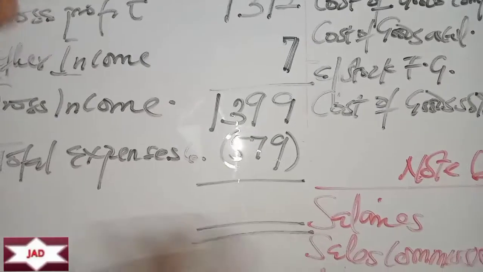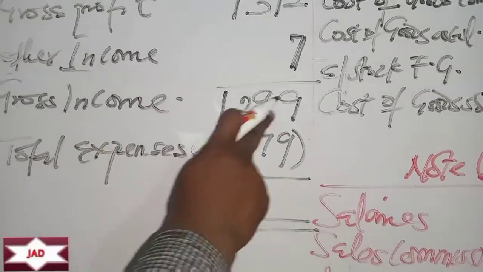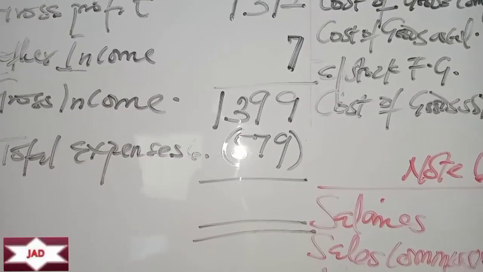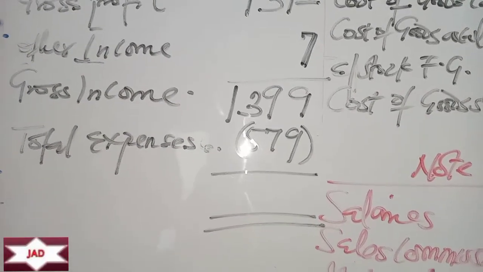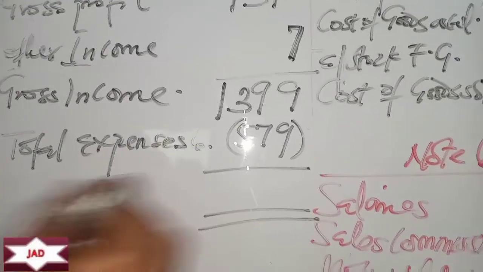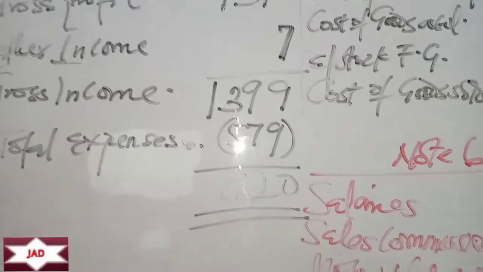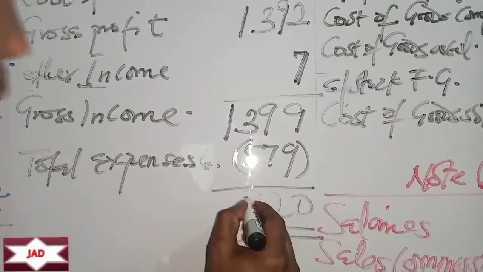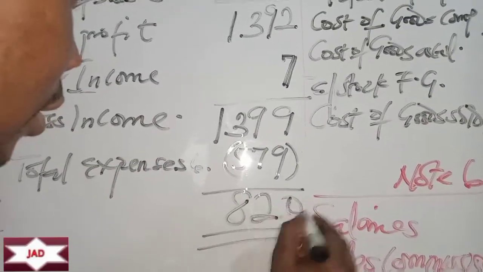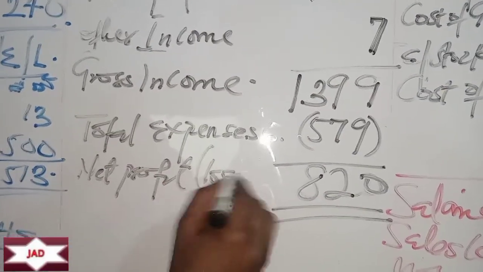So you take it out. Say 1399 minus 579. So what do you have? 820. So this would be your net profit or loss.